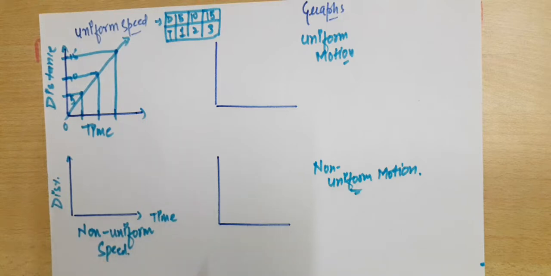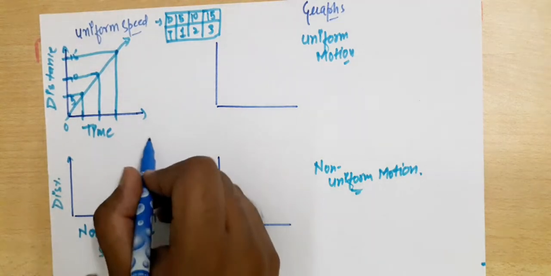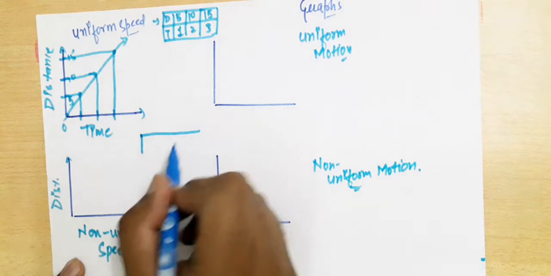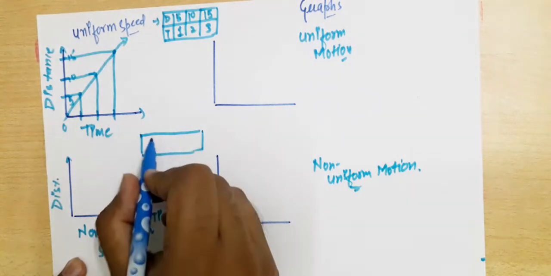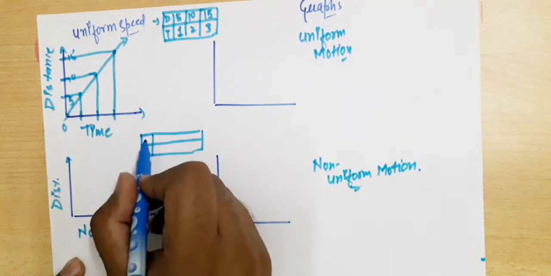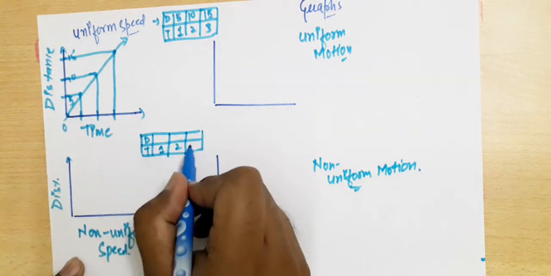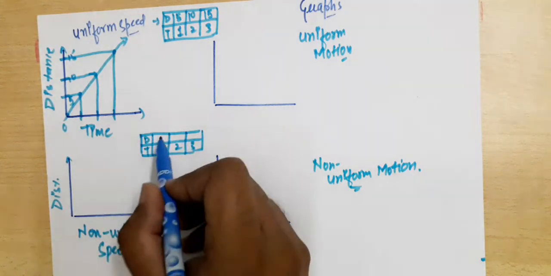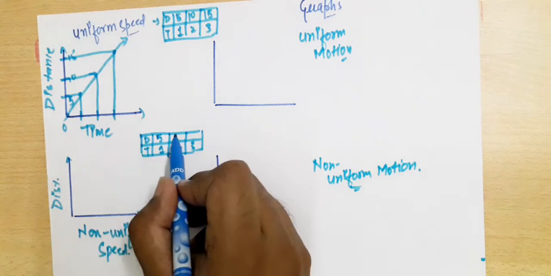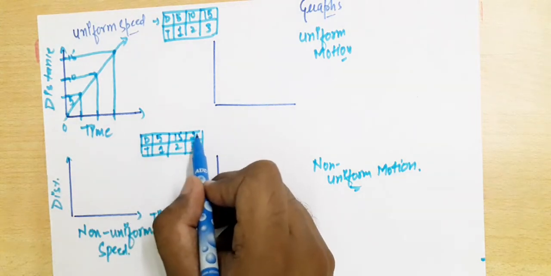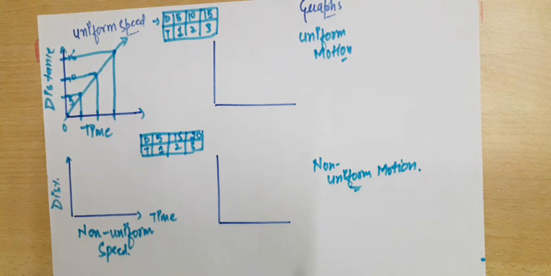But in the case of non-uniform speed, what will happen? We will observe that distance will not change according to time. Suppose the distance is 5, then it will become 15, then it will get 20. As we can see, distance is not changing in accordance with time.